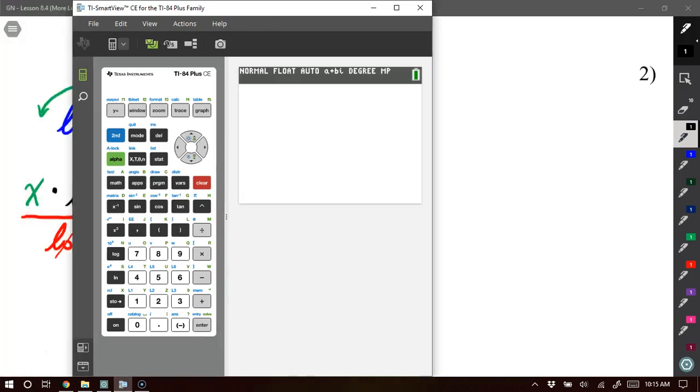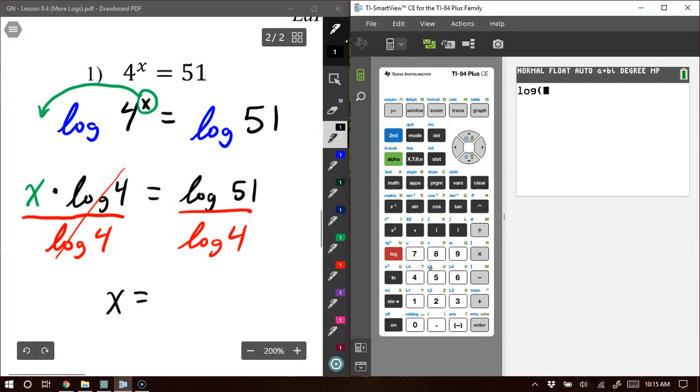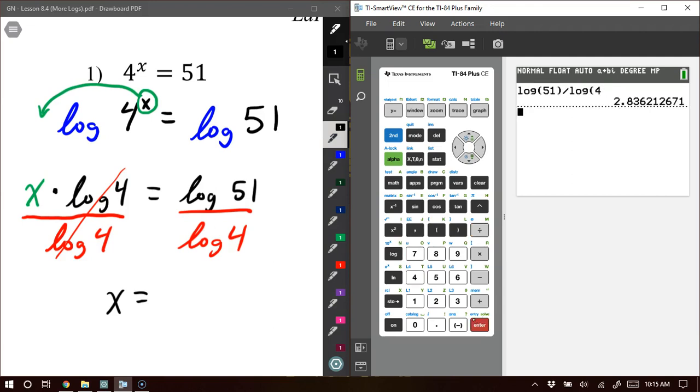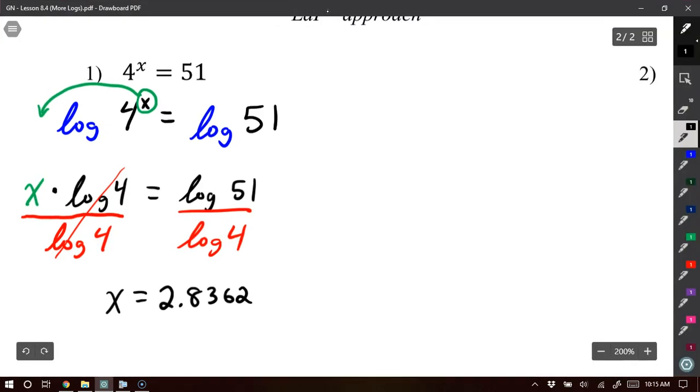So I'm going to type in log of 51. Now remember from the previous video, close the parentheses, divided by log of 4. 2.83621. So if I'm going to 4 decimal places, that is 2.8362. And that is the log and power approach.